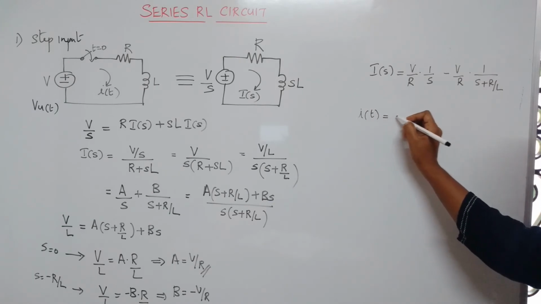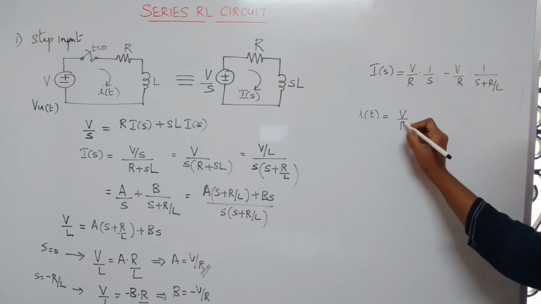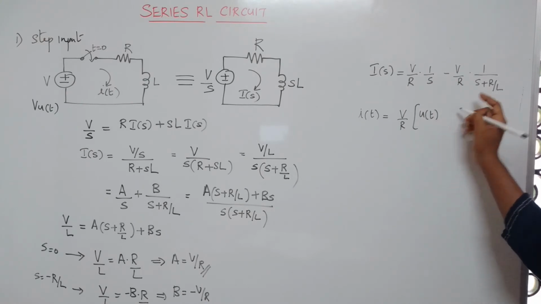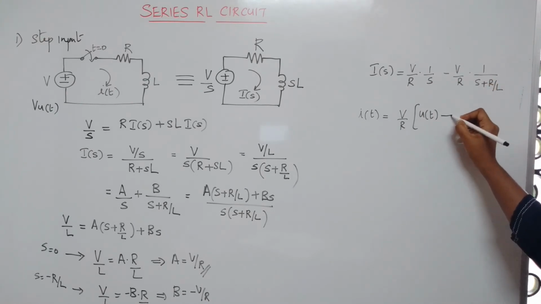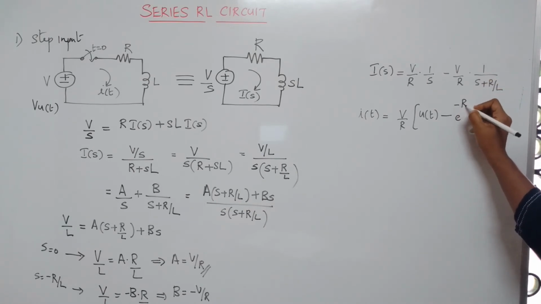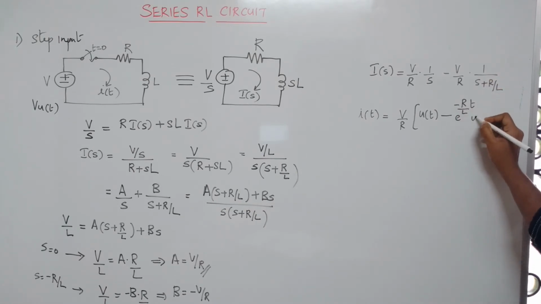I of t equal to V by R into, 1 by S is u of t, 1 by S plus R by L is e raised to minus R by L t u of t.